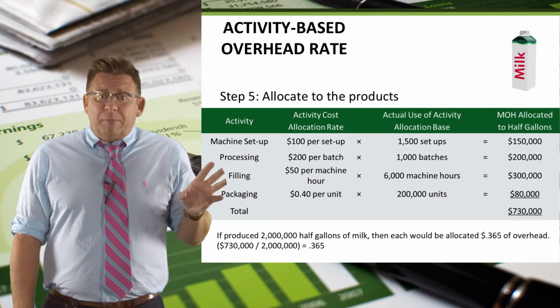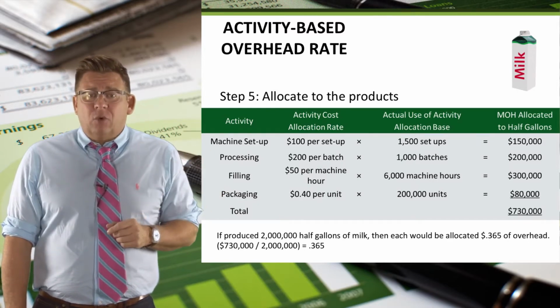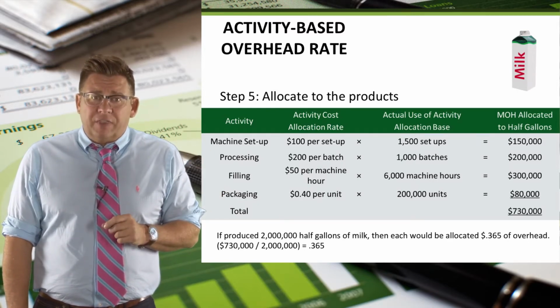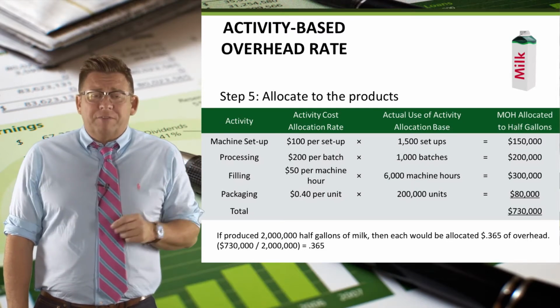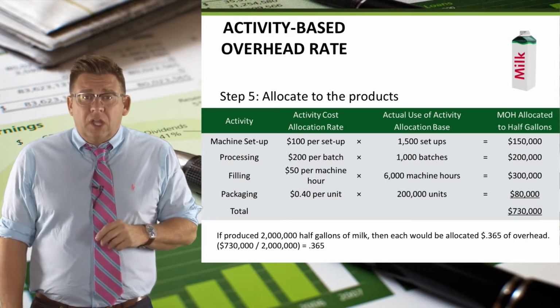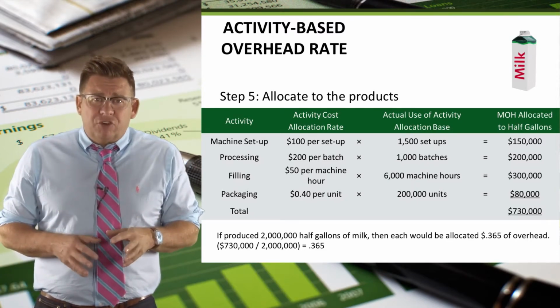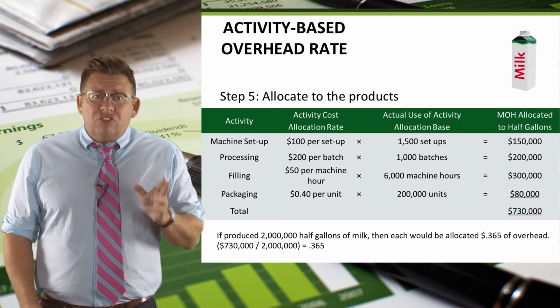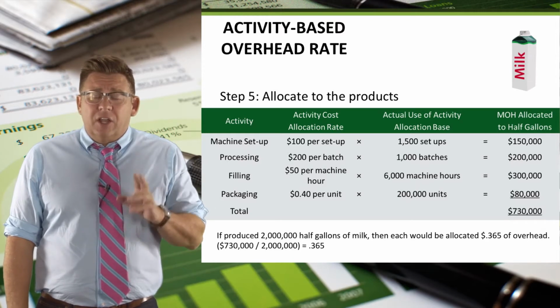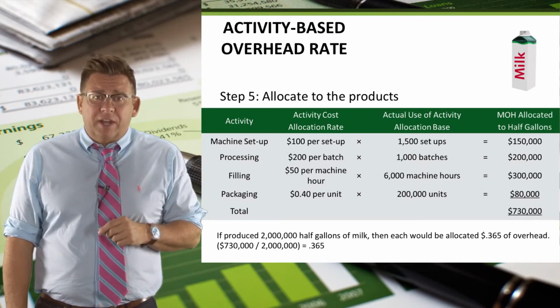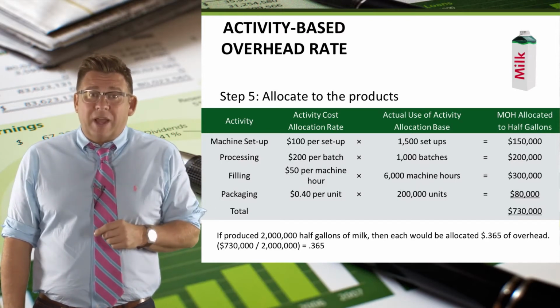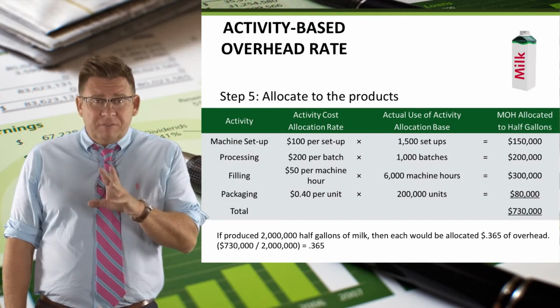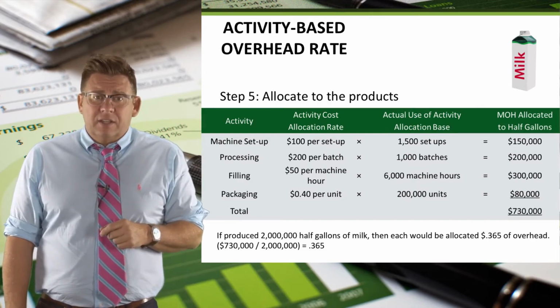Once we complete the table, we can see that half gallons were allocated $730,000 of the 2.5 million of overhead. Assuming that we manufactured 2 million half gallons of milk, each half gallon would be allocated 36.5 cents of overhead. This is one of the reasons why half gallons aren't 50% of the cost of gallons.